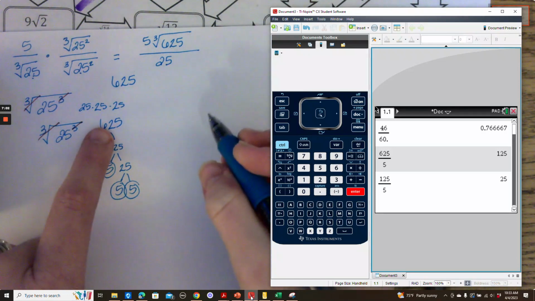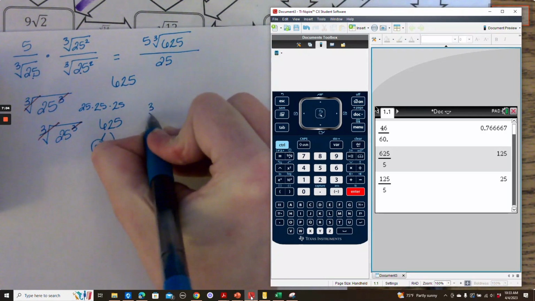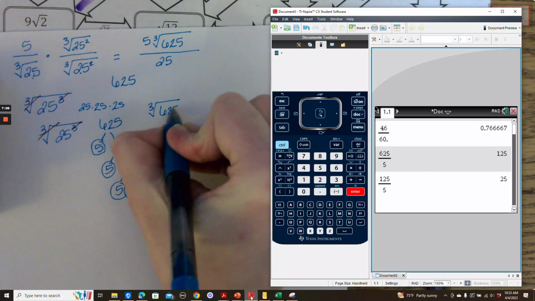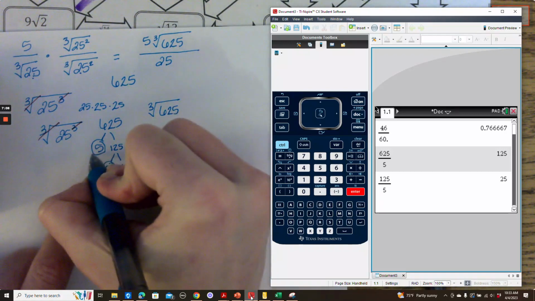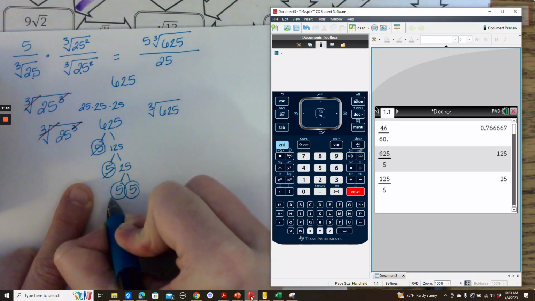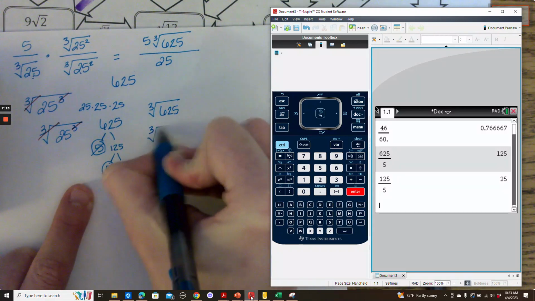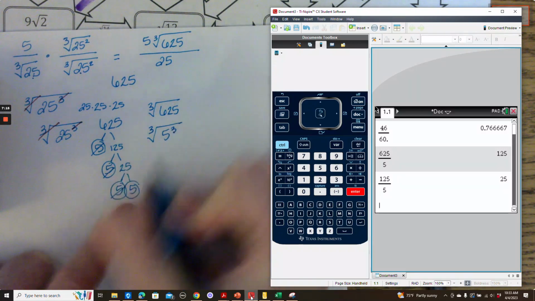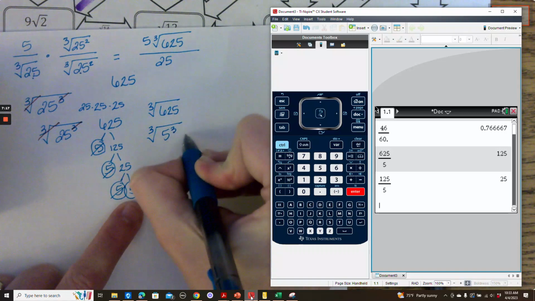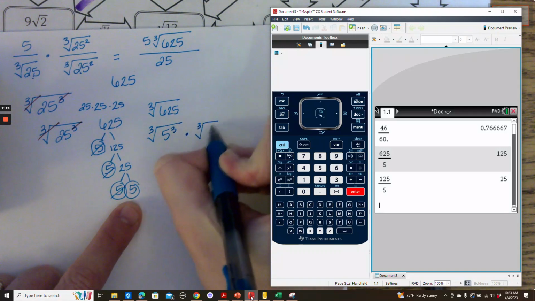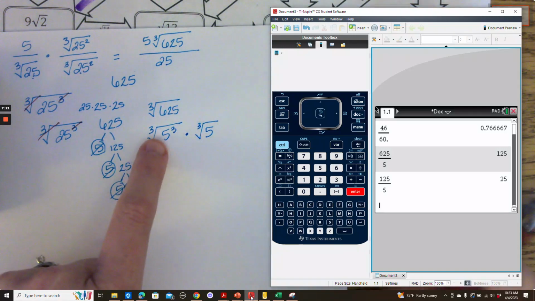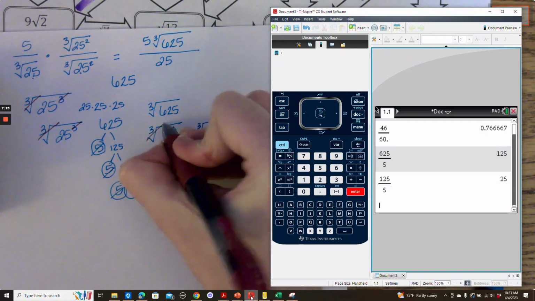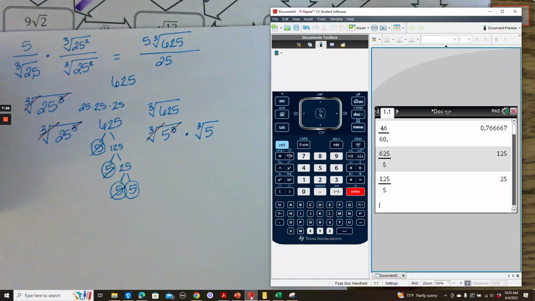So the cube root of 625, I need groups of 3. 1, 2, 3. That's the cube root of 5 cubed. And then I've still got this one left over. The reason I want a group of 3 is so I can pull stuff out.